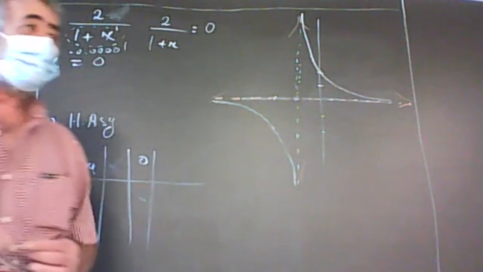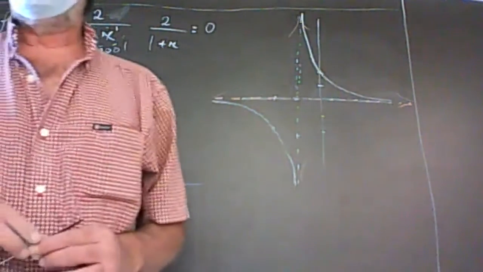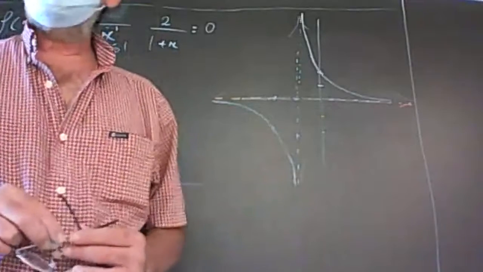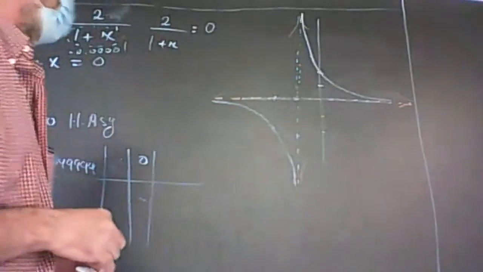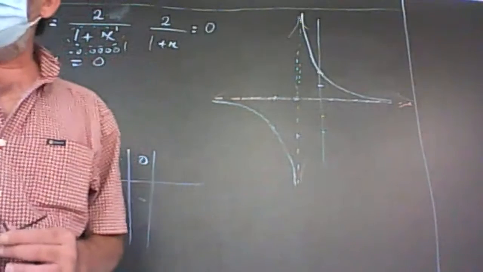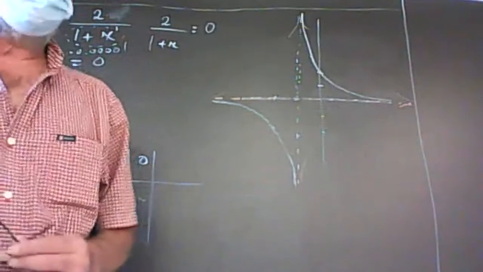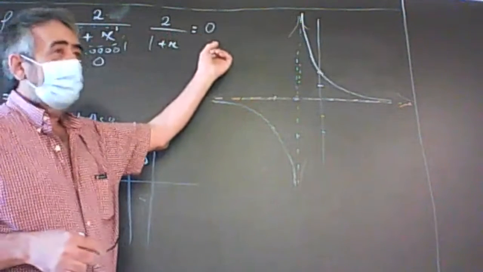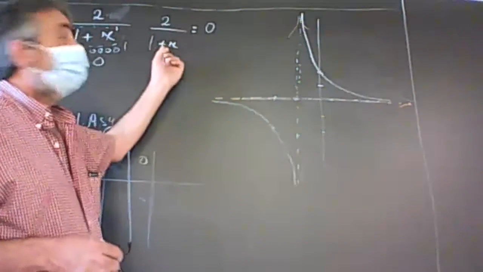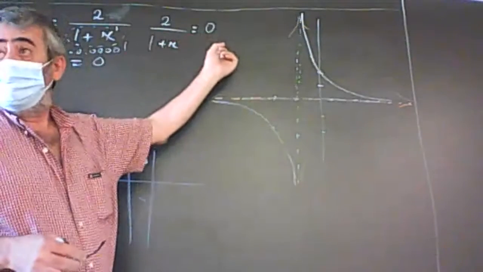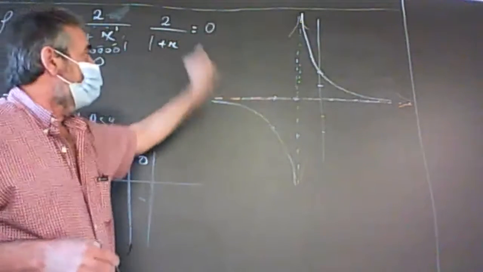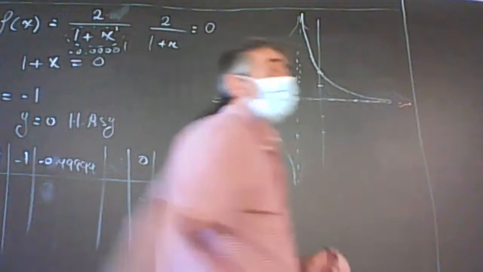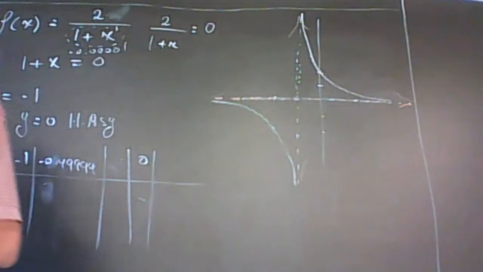If this equation has a solution, then whatever that solution is, this is where it crosses the x-axis. Yes? If it doesn't have a solution, that means it doesn't cross it either. Yes? This particular equation does not have a solution because this fraction will never be 0. So therefore, we know the graph is not going to cross this line at all whatsoever. Clear?